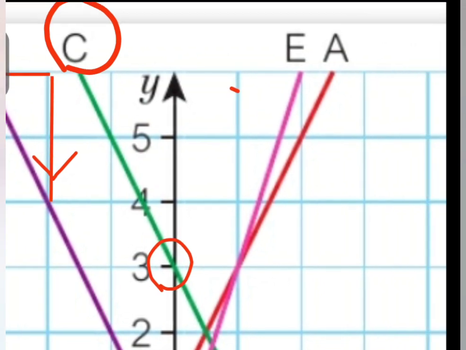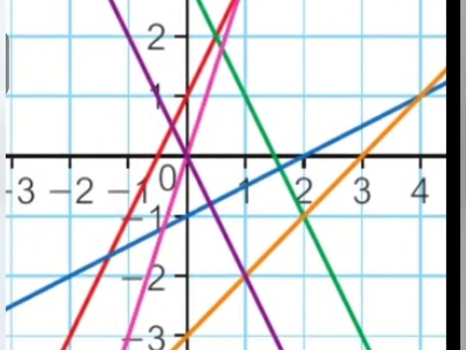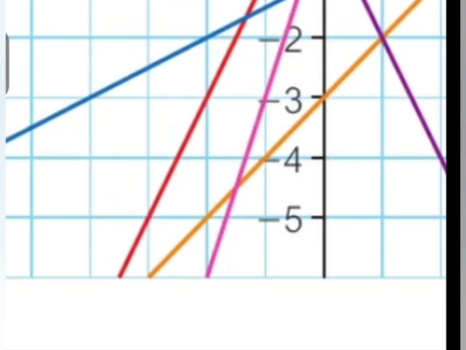Now let's take a look at line E. For line E, we're going to start from a point where we can see the line. We can do it here. So we start from the line, we go positive on the x-axis, one box, and then we try to go back to the line on the y-axis here.